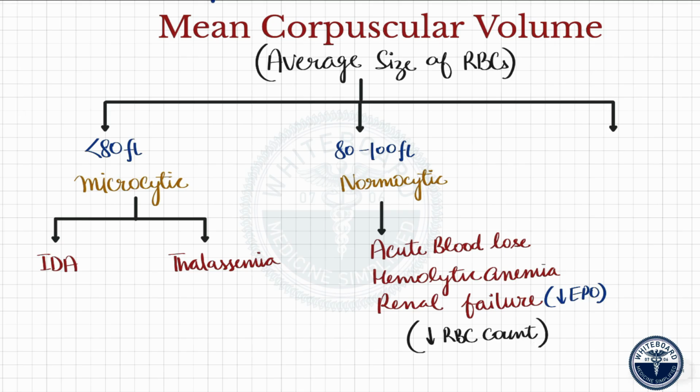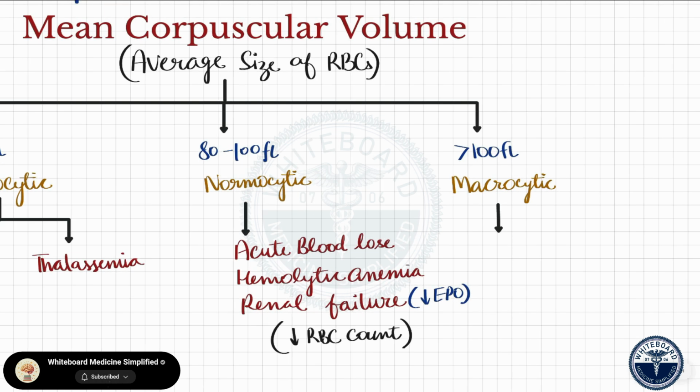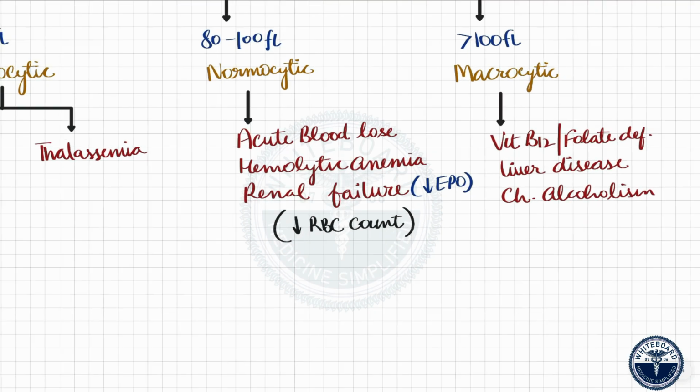If the size of RBC is above 100 femtoliters, it points towards a macrocytic pattern, typically associated with vitamin B12 or folate deficiency, liver disease, or chronic alcoholism. Increased size in vitamin B12 or folate deficiency is because of a defect in maturation.